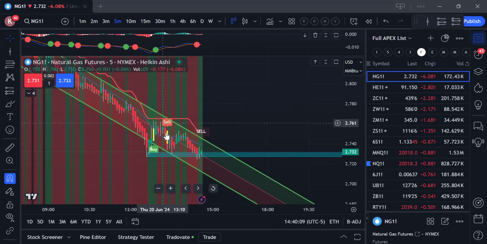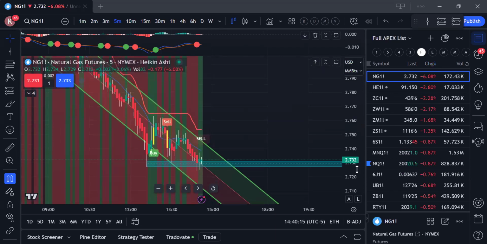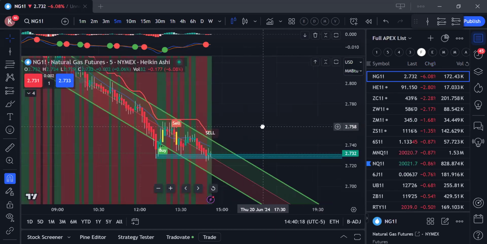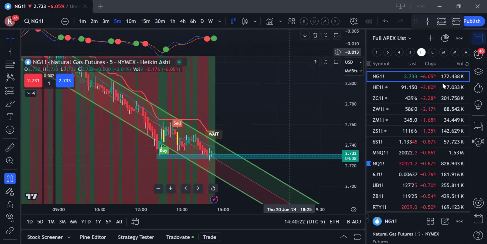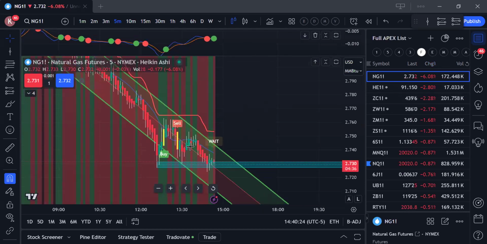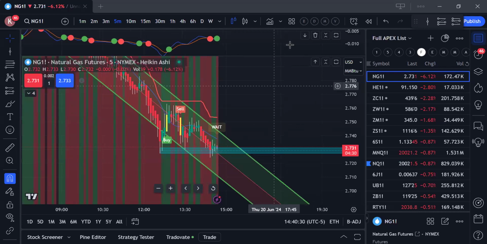But if you have a buy signal, it will say wait. So it's mainly helping you stop your FOMO from taking the opposite side trend trades.